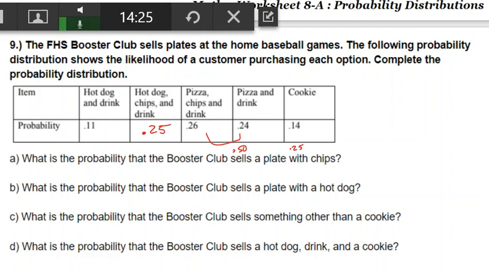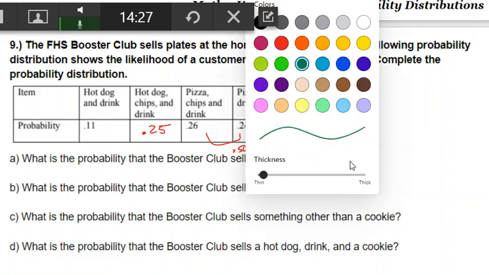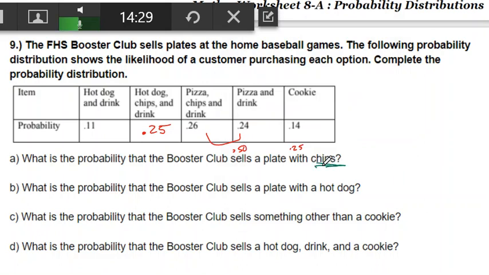Now, plates with chips. Let's do a little color coding here. Chips means that one and that one, and that's it. Those are the only two plates with chips. So we would say 0.25 plus 0.26 equals 0.51.